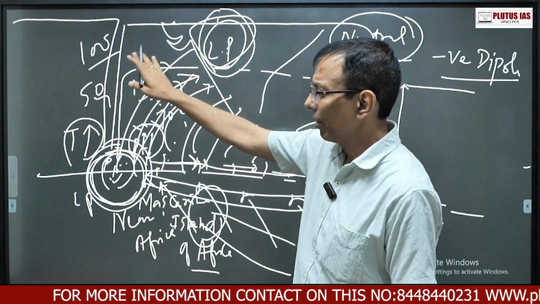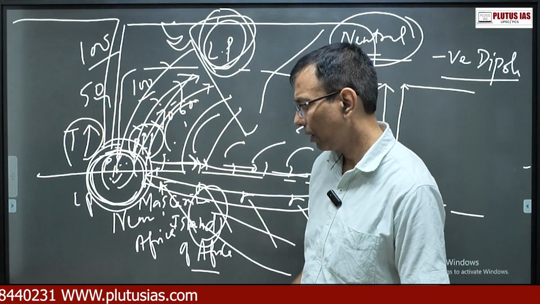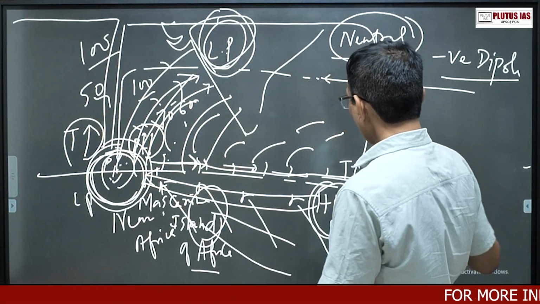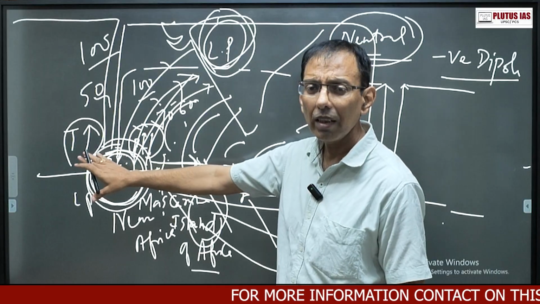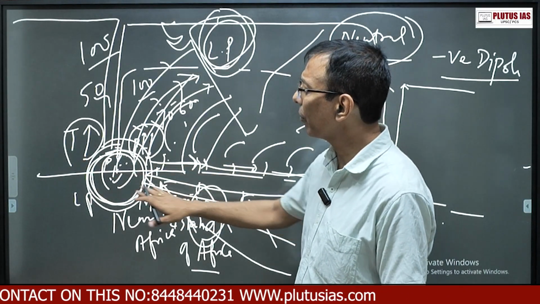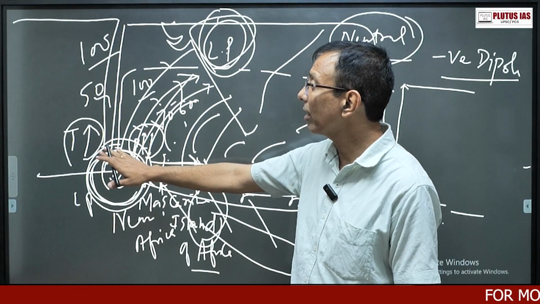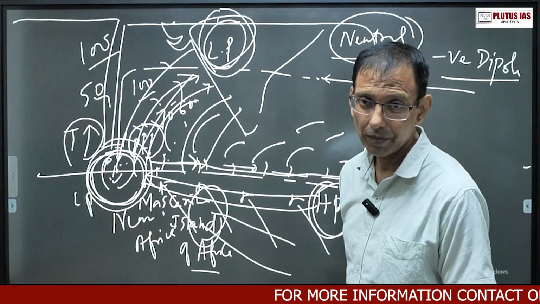But this phenomenon of positive dipole formation makes such a gradient towards the western Indian Ocean. Then the trade wind of that region will easily be dragged to India.